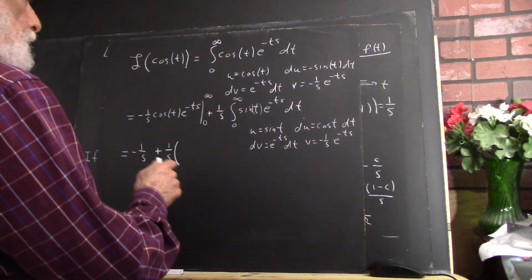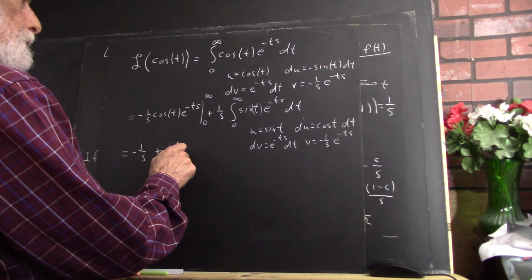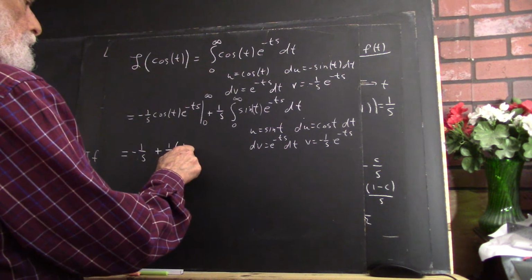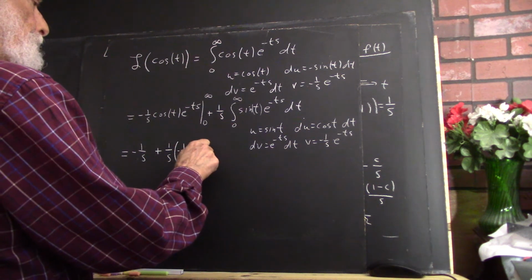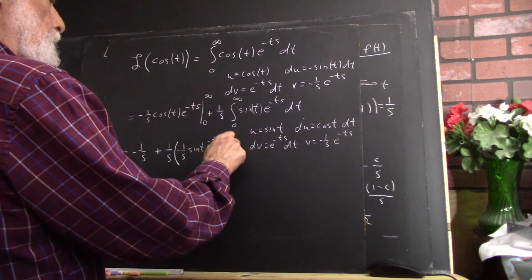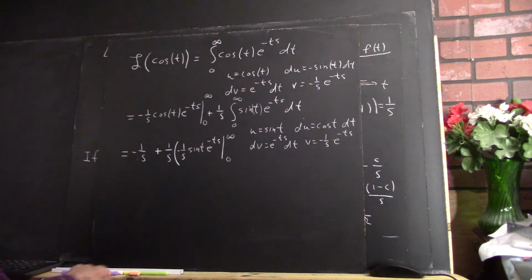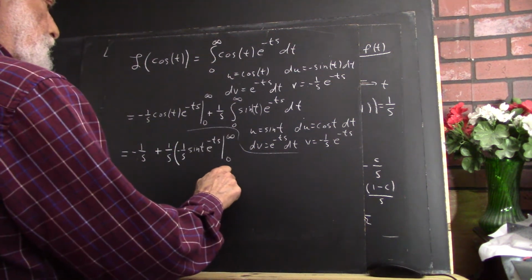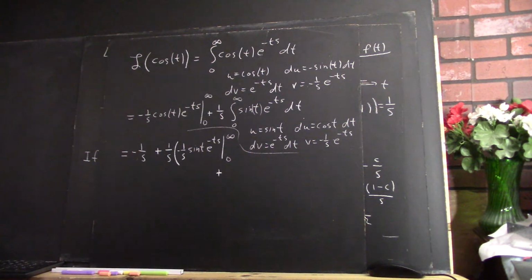just being careful here, negative 1 over s, okay, that's our uv from 0 to infinity. And then we're going to have to do the other part down here because I went and wrote this all out.